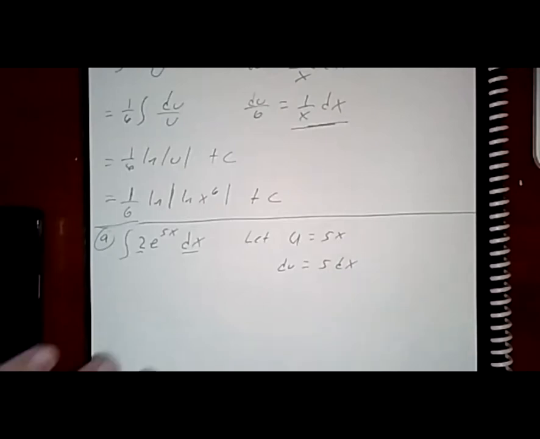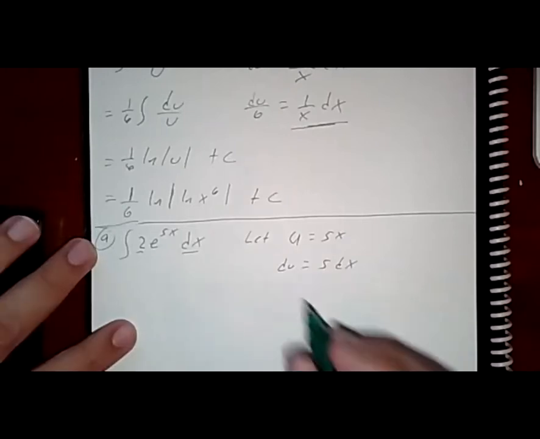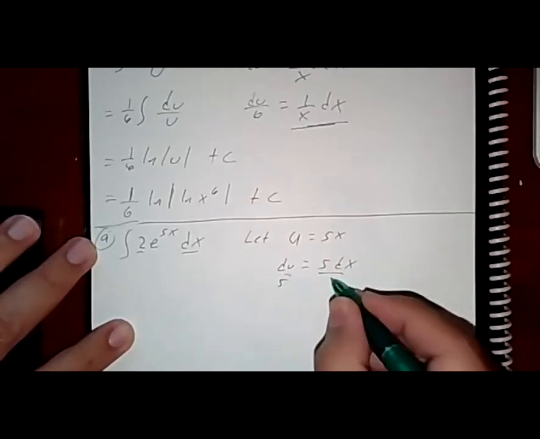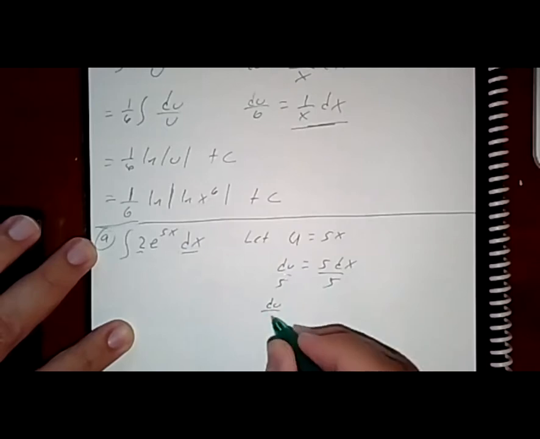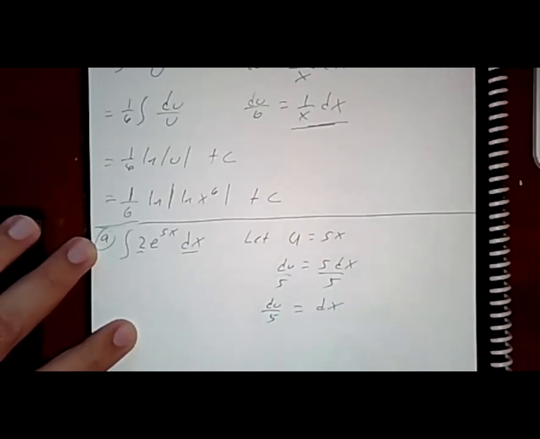If you can't see it, we could do it in steps. But I know for sure there is no 5, so let's get rid of the 5. Maybe this makes more sense. Now I need a 2 there, so multiply by 2.